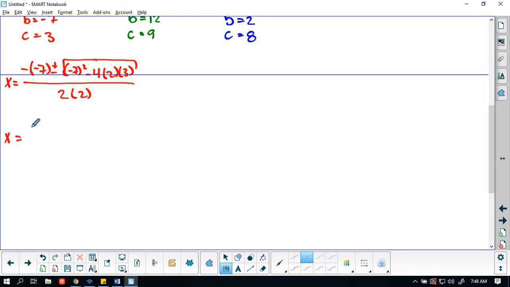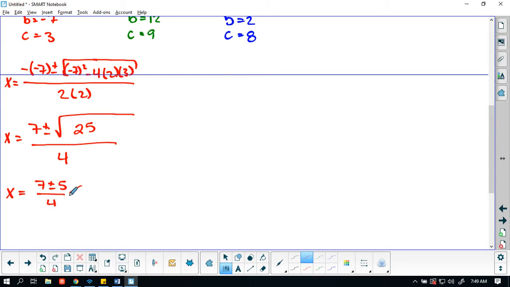I have x equals negative times a negative is a positive 7 plus or minus the square root of, and in my calculator, I'm just going to put in negative 7 squared. Notice how I put the parentheses around my negative 7. That's because I want the full number to be squared when I put it into my calculator. So I get 25 divided by 4. The square root of 25 is going to be 5.